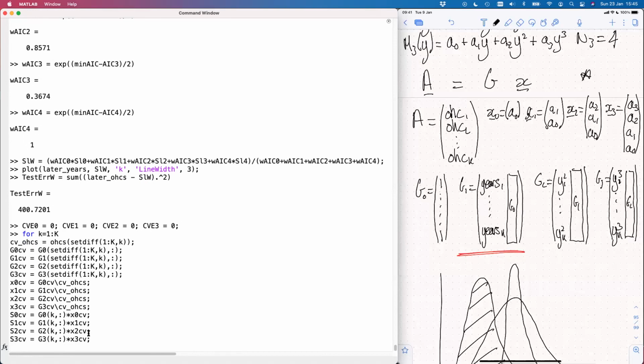And finally, having estimated that missing measurement, I can compute the error with the actual measurement and add it to these accumulators that I defined before the loop started.